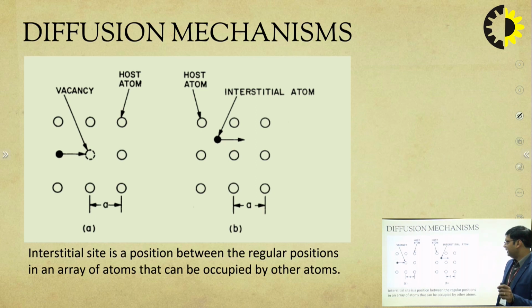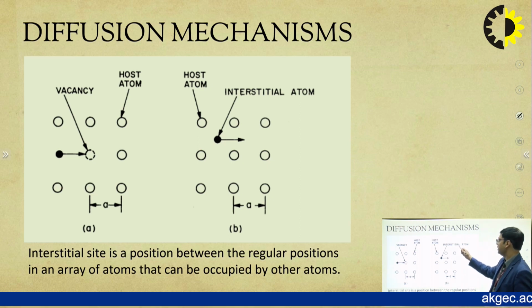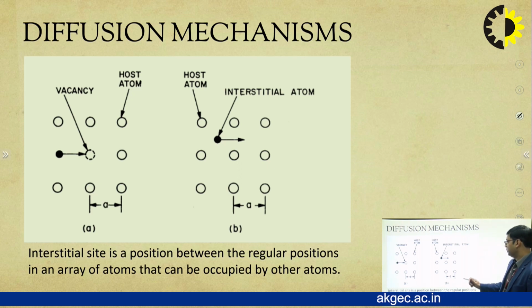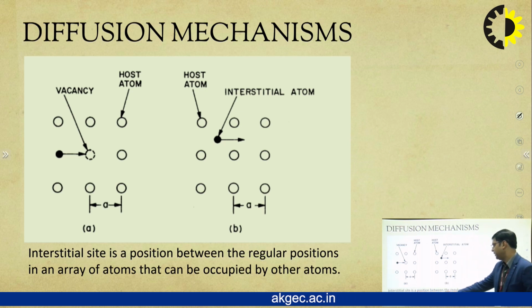If any dopant atom or host atom is placed in the vacant space, then that is known as an interstitial atom. So the interstitial site is a position between the regular positions in an array of atoms.